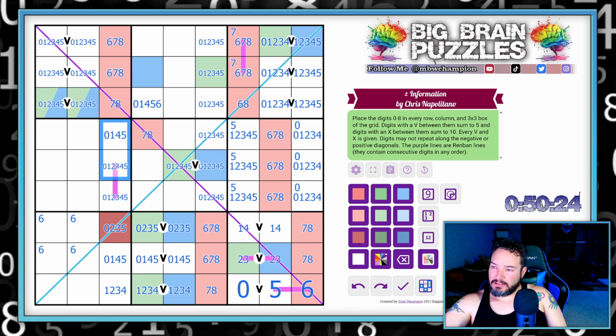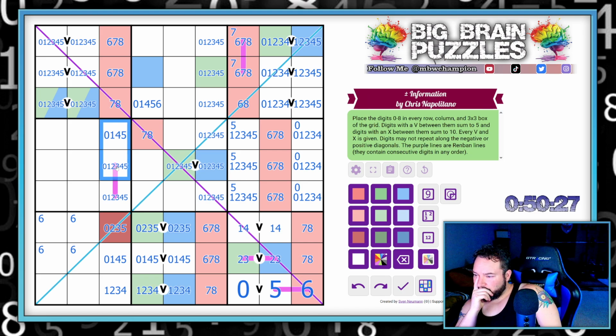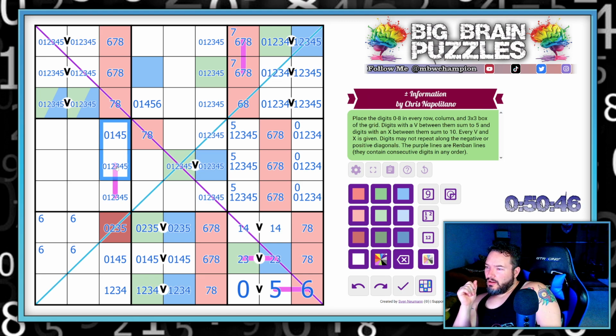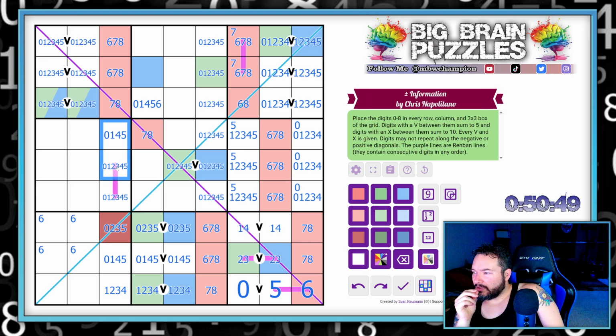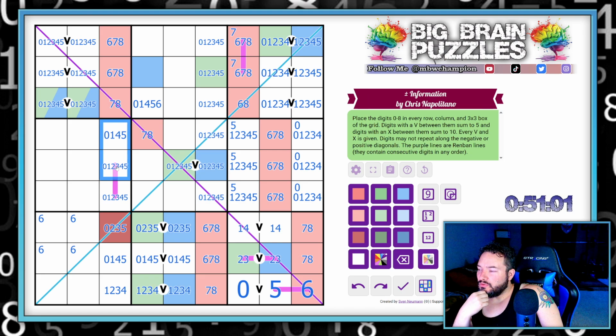I am at a loss. I feel like I haven't made any progression in a little while. Let me read the rules again, make sure I'm not missing anything. Place digits 0 through 8, row, column, x by 3 by 3 blocks. Digits with a V between them sum to 5 and digits with an X between them sum to 10.